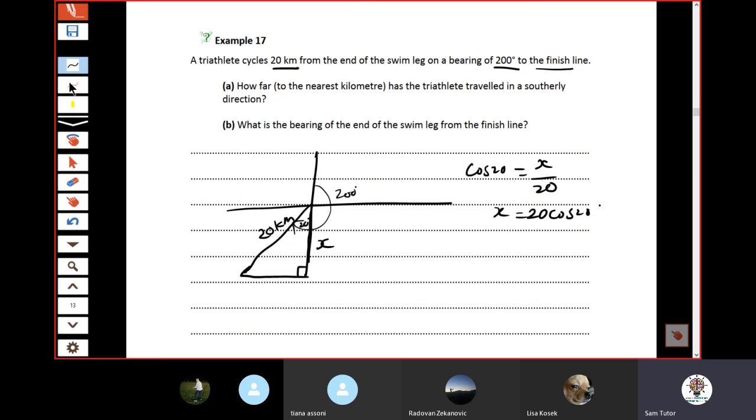So from the finish line, you finished here. So from here, what would the bearing be? Well, if you use alternate angles, look, if that's 20, that's 20. That's why I draw these bearings everywhere. Wherever you're at, you're going to draw these compass bearings. And then the bearing equals, of course, just 20 degrees.